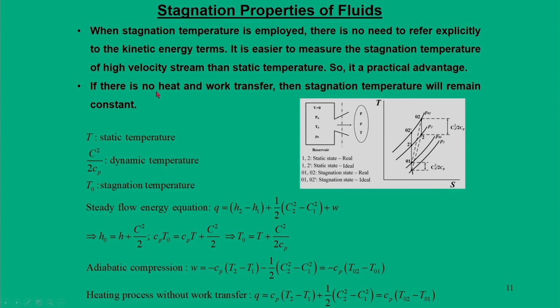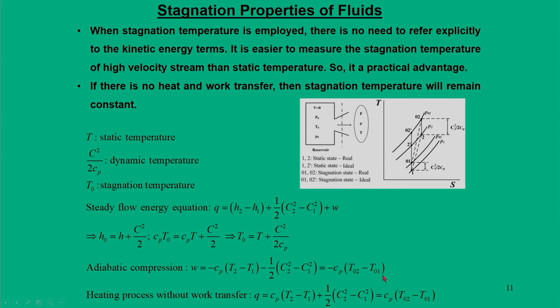In a process, if there is no heat and work transfer, then the stagnation temperature will remain constant. From the steady flow equations, when you derive this adiabatic compression, if there is no work transfer, then you will see that the total temperature T02 would be equal to T01.